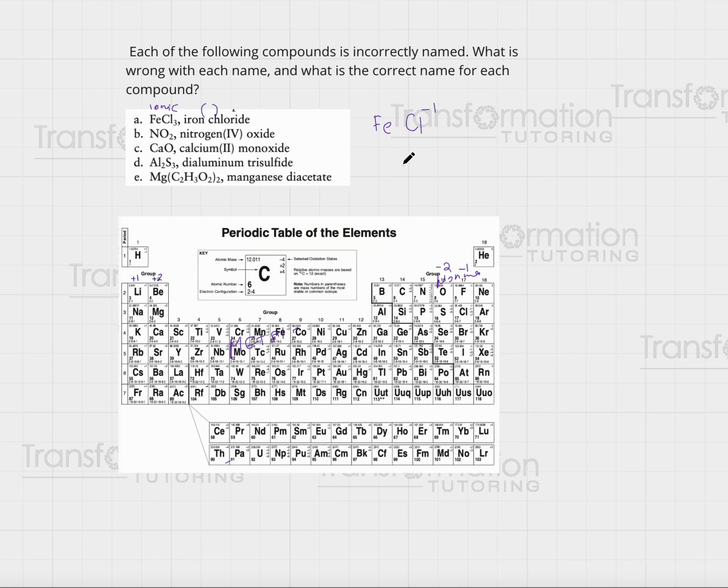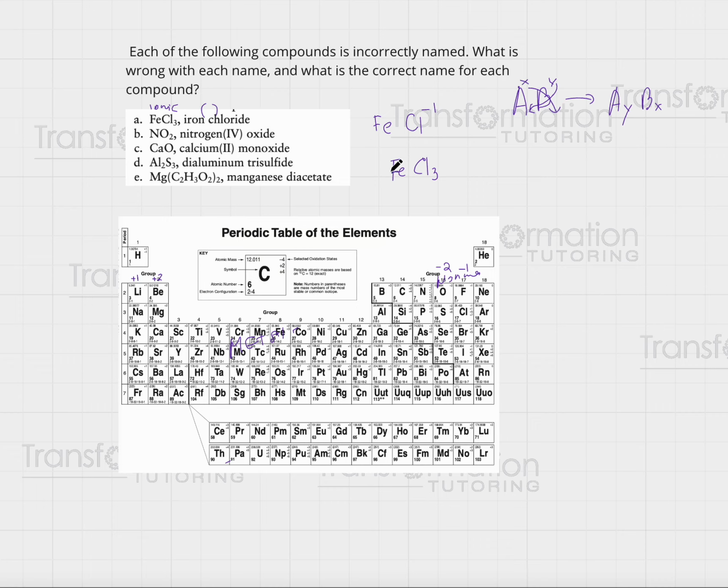A simple trick could be looking at the formula given to us. Let's say I have A and B, and I have charge X and charge Y. When we write the formula for an ionic compound, we cross multiply these charges, generally speaking, and we will get A with Y, B with X. The idea is that we need all the charges to cancel each other so that our molecule is neutral.